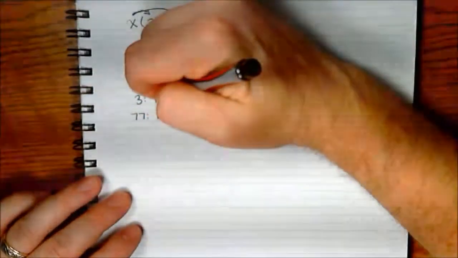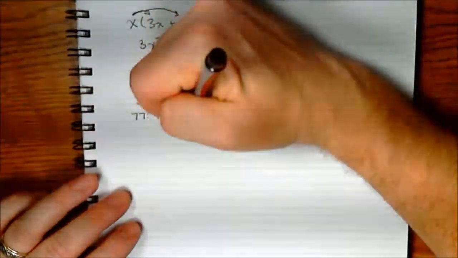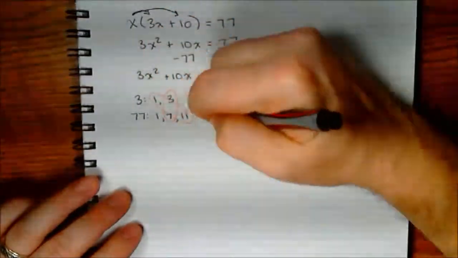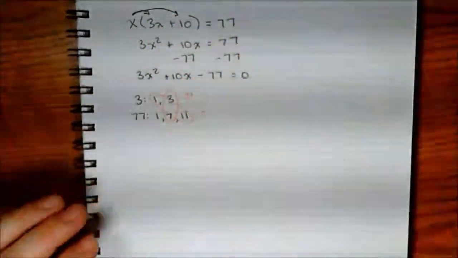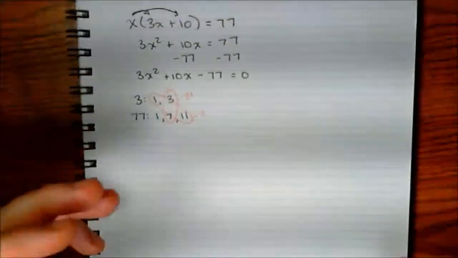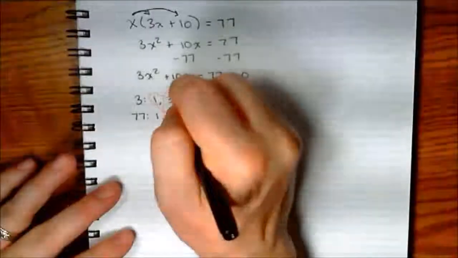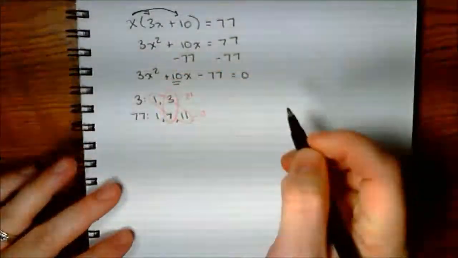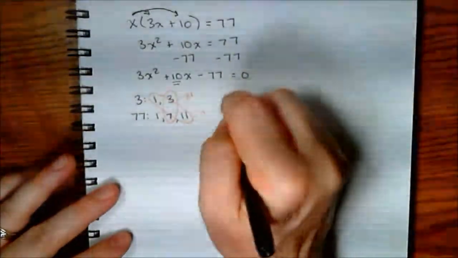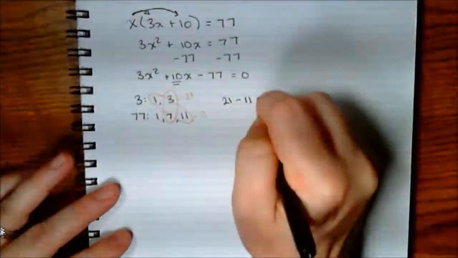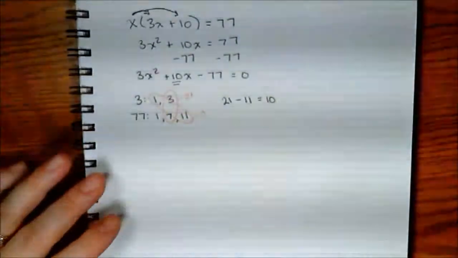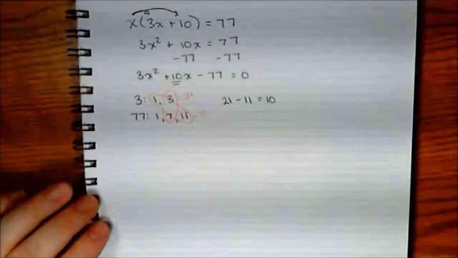And of course, 11 times 1 gives us 11. And we can combine, add, or subtract in some way those two numbers to create the middle coefficient of 10. Right? We're trying to create this 10 here. And of course, 21 minus 11 equals 10. So that's what we're looking for.